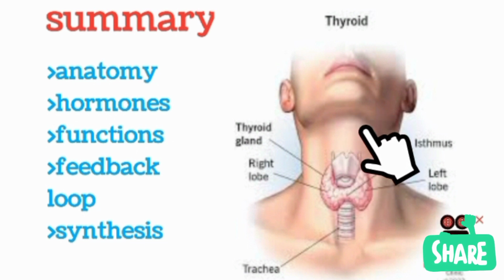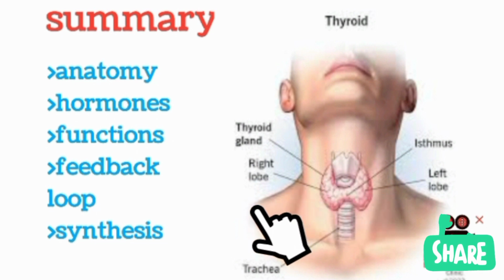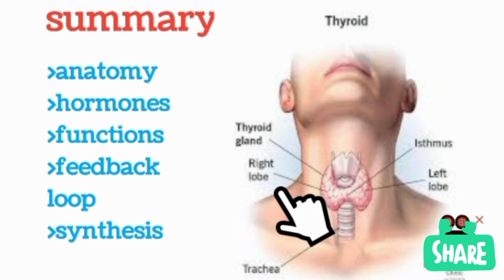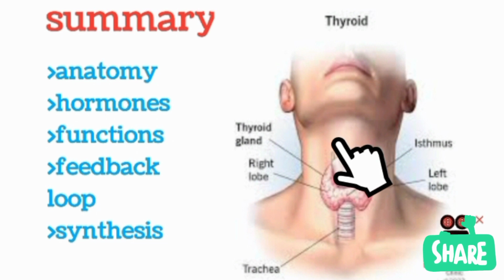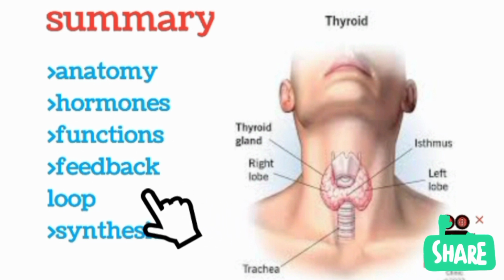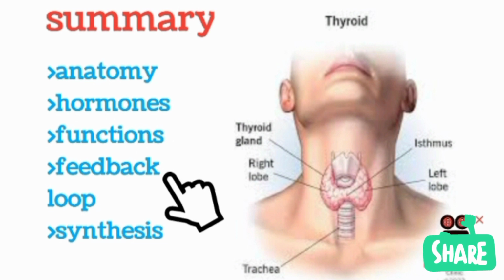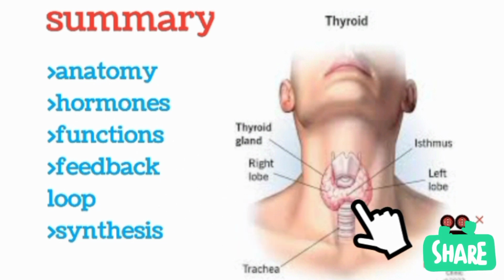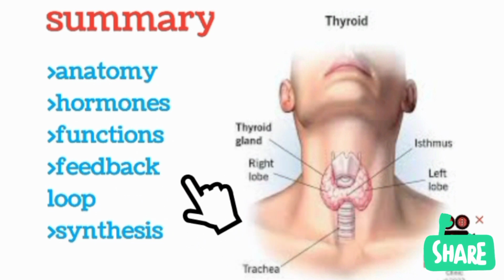Then we have thyroid stimulating hormone released from anterior pituitary, and finally thyroid stimulating hormone affects thyroid gland to release the thyroid hormones, and this is how finally thyroid hormones are formed, and the level of thyroid hormones also ultimately then affect the further synthesis or stoppage from the hypothalamus and anterior pituitary to either increase the further release, or if the level of thyroid hormone is less, hypothalamus will be stimulated to form more, and if you have sufficient thyroid hormone in the blood, negative feedback mechanism will stop the further secretions from the hypothalamus and anterior pituitary of TSH to stop the further stimulation of the thyroid gland, and consequently less thyroid hormones will be then produced.